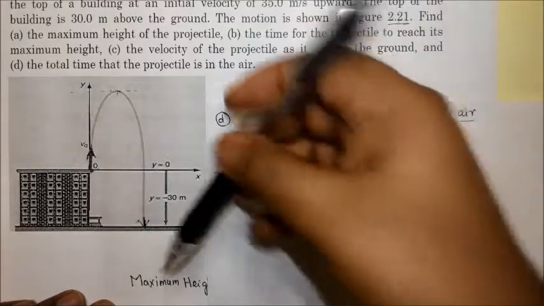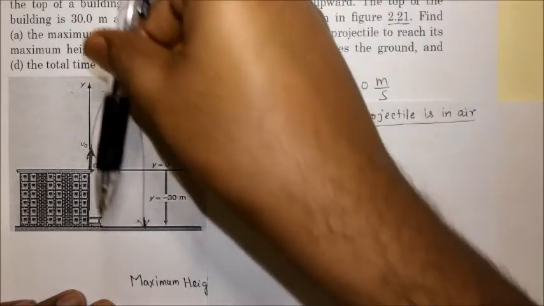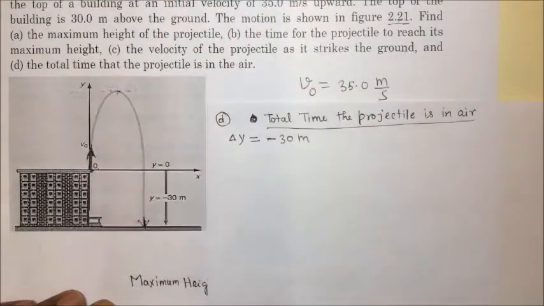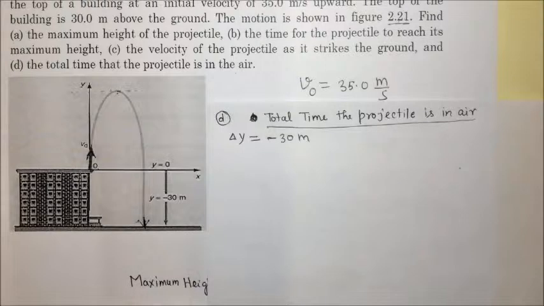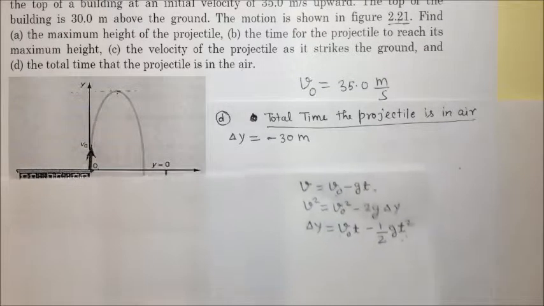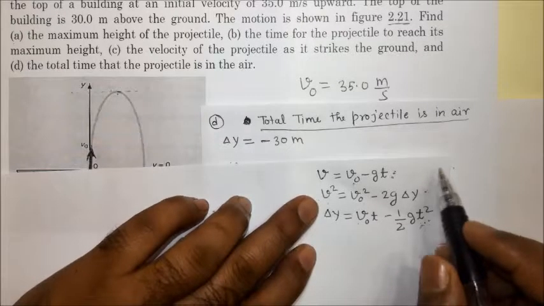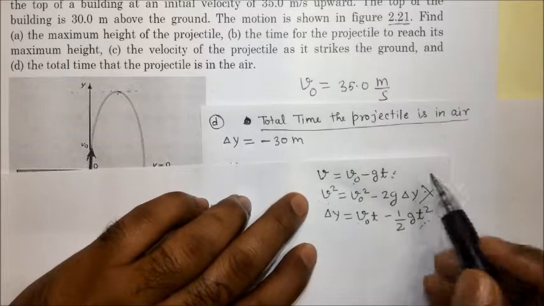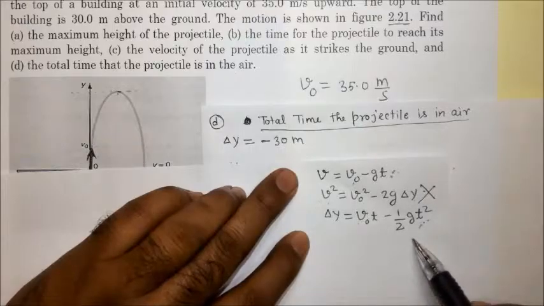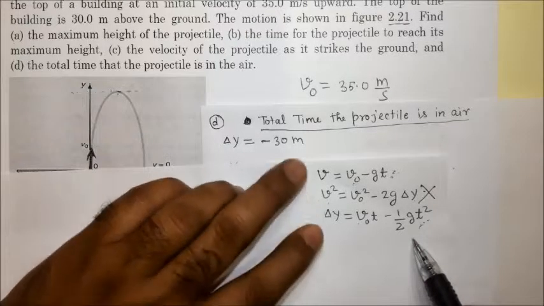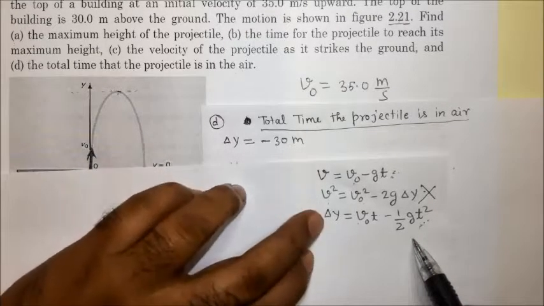Okay, minus 30 meter, minus because it is in negative y direction. So again we have three equations. We are looking for time, so we cannot use this one. Alright, we have two choices, this equation or this equation.